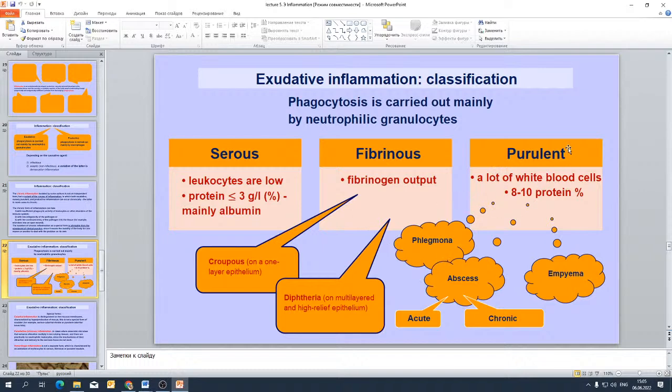Continue, okay? Purulent inflammation. In this, I discuss types: phlegmon, abscess, and empyema, for example, and different types of purulent inflammation. Very often you meet phlegmon, abscess, and empyema.